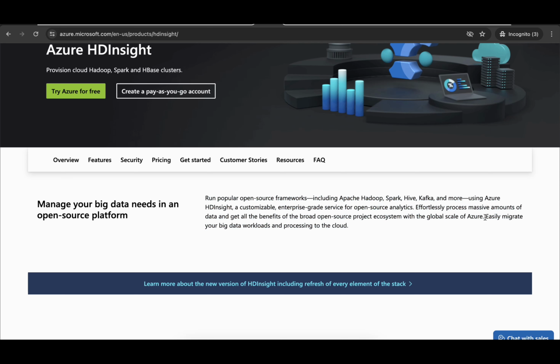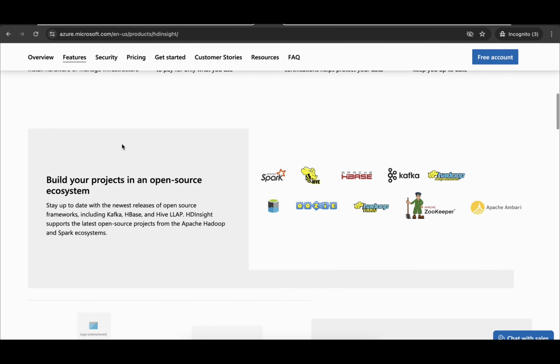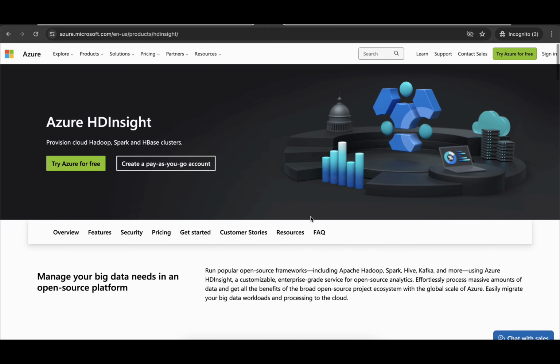You can effortlessly process massive amounts of data and get all the benefits of the broad open source project ecosystem with the global scale of Azure. Easily migrate your big data workloads and processing to the cloud. So here they have mentioned the open source ecosystem, which it can take care of, right? So do go through this as well.